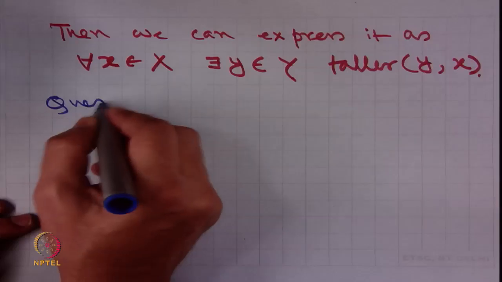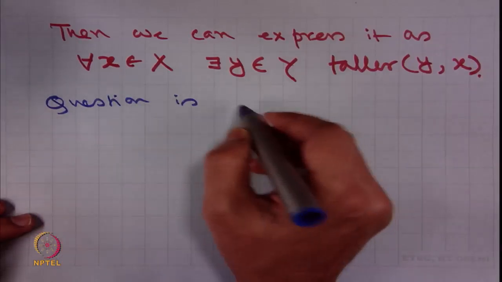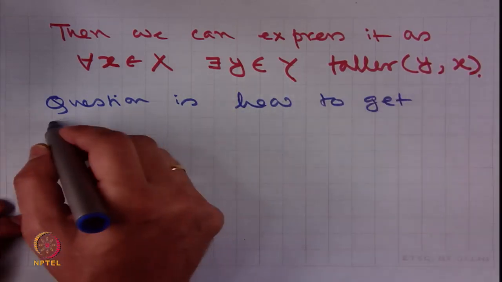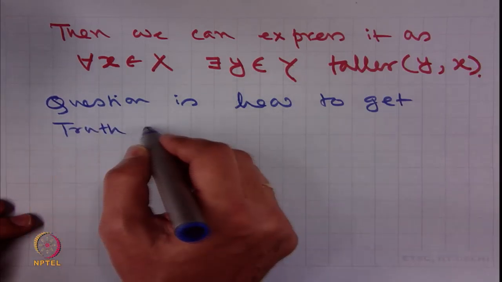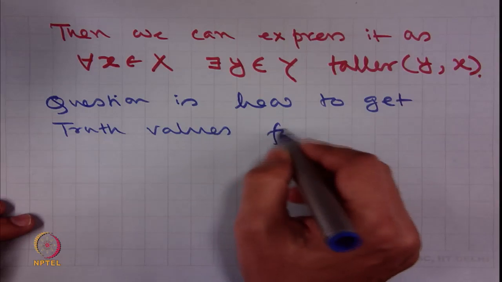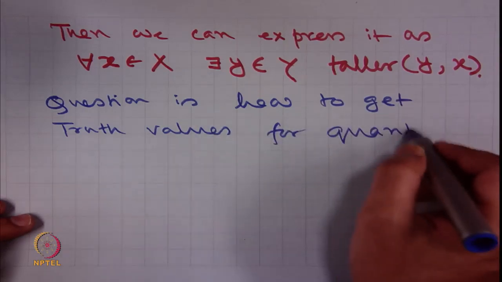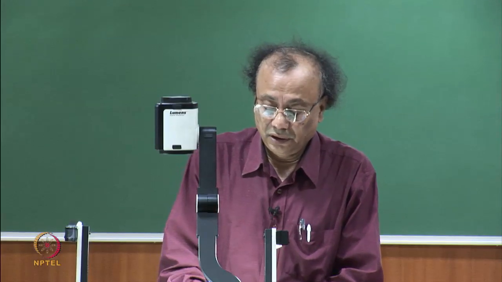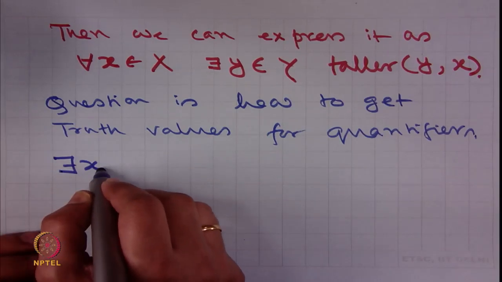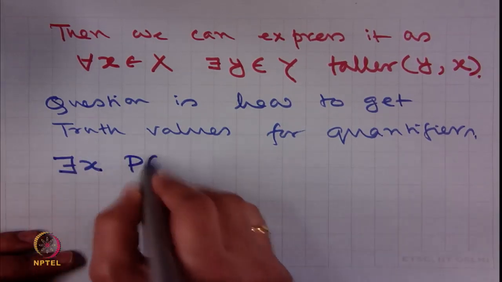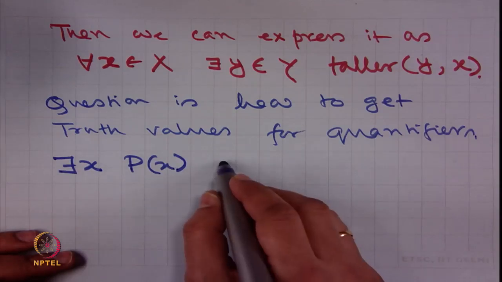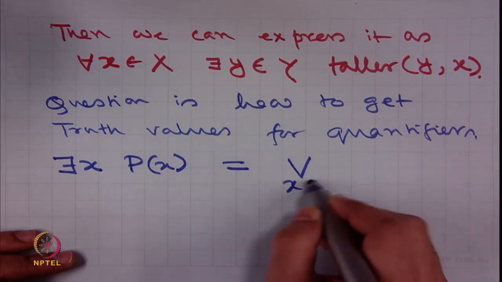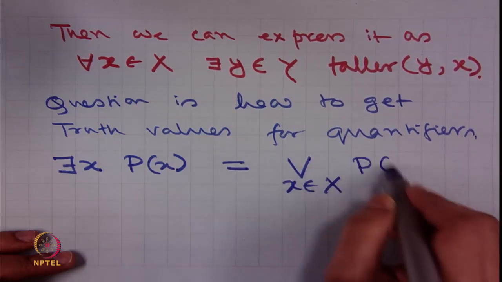Question is how to get truth values for quantifiers. There exists x p x, its truth value is the OR over x belonging to X of p x.